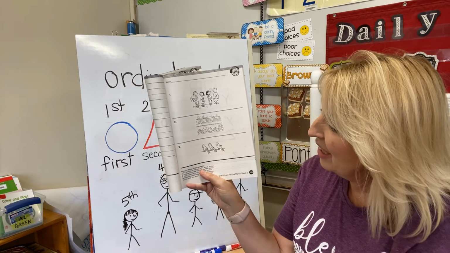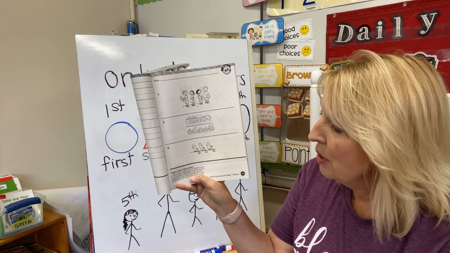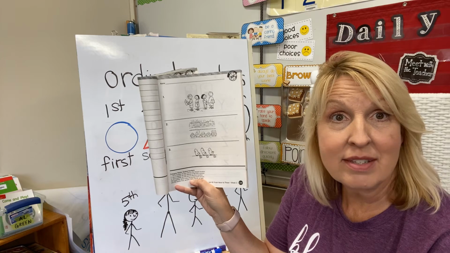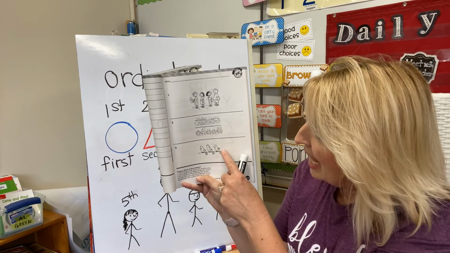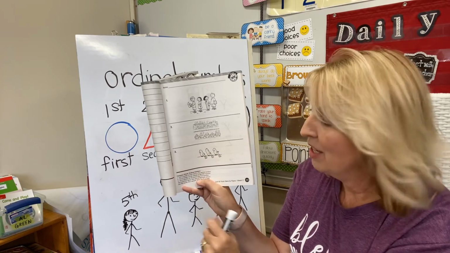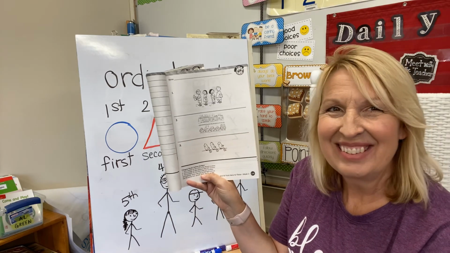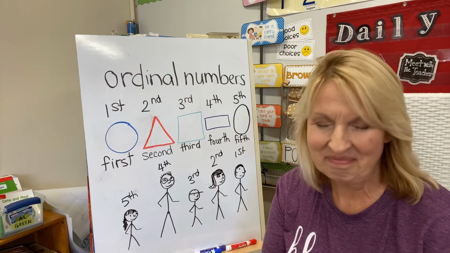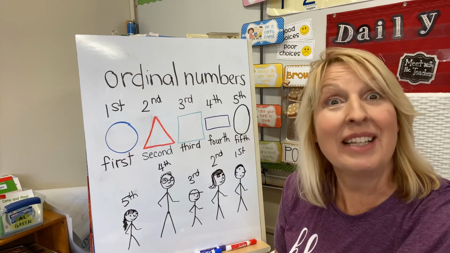And then down here you have some birds sitting on a wire, and they want you to circle the bird in the first location, or circle the bird that's first. If you notice, the birds are all facing, again, this direction, so you're going to start with that one. So there you go. Now you know how to do that page. All right, good luck with your ordinal numbers.